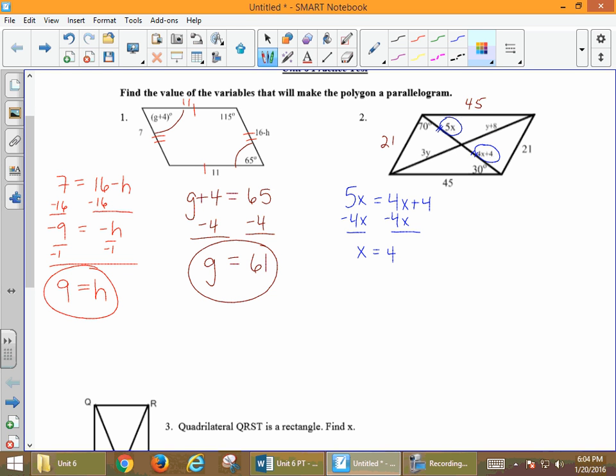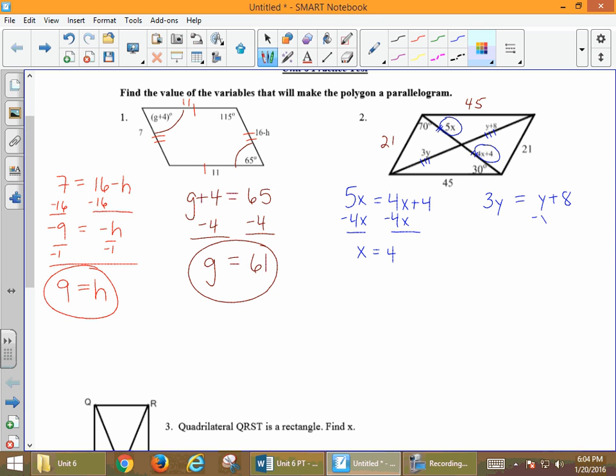Remember, we said diagonals bisect each other. So not only does the left to right diagonal, going from top to bottom, get bisected, but also the bottom one. So 3y and y plus 8 have to be equal to one another because diagonals bisect each other.